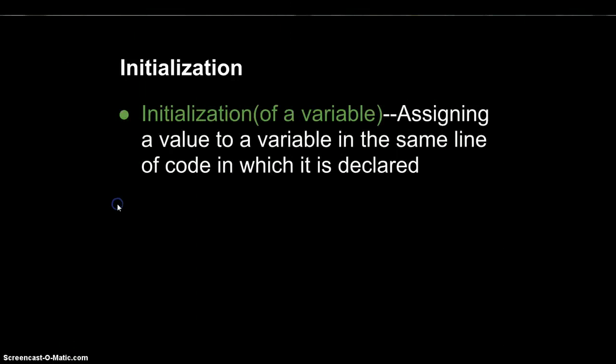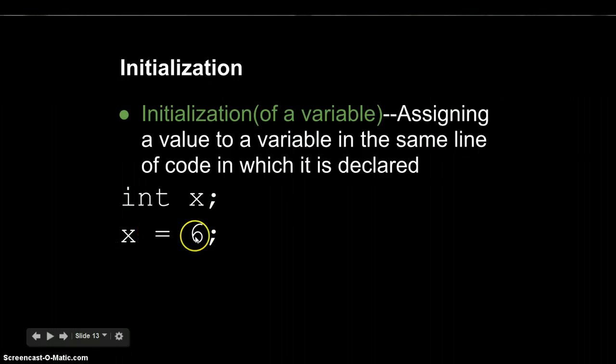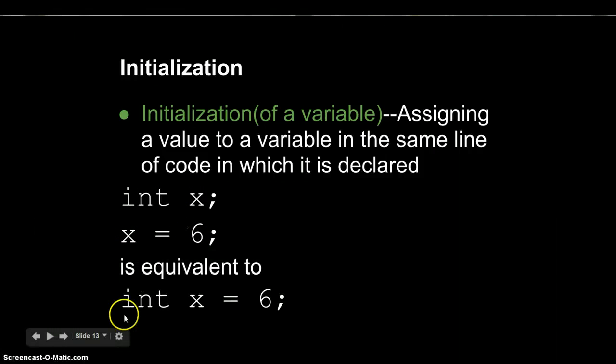Alright, so now, one more thing. Initialization of a variable is assigning a value to a variable in the same line of code that it's declared. Okay, so we had been declaring variables like this, int x, and then saying x equals 6, and that stores the value of 6 into x. Well, what Java let us do is actually do that in a single line.